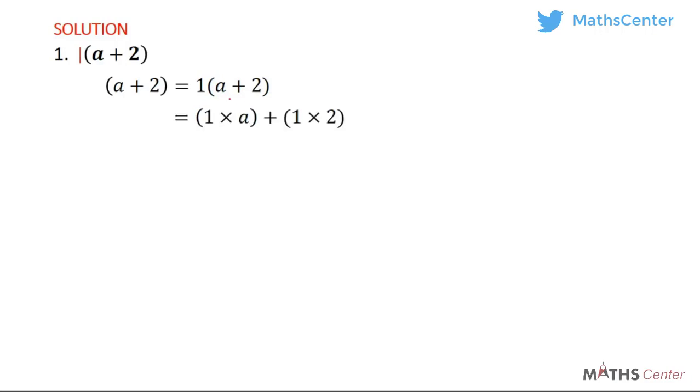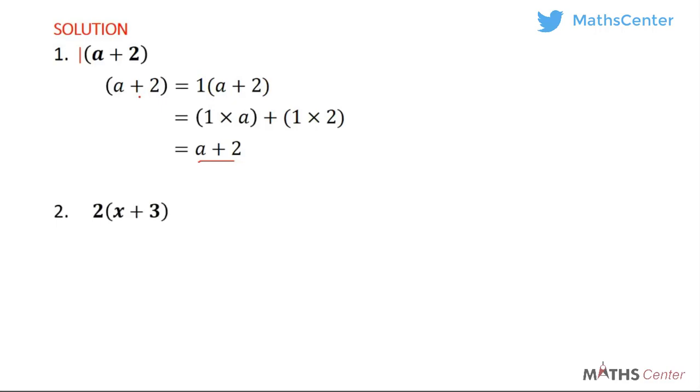So we get 1 times A plus 1 times 2. 1 times A gives us A, plus 1 times 2 gives us 2. So we've now opened the bracket. Since 1 is multiplying what is in the bracket, our final answer is the same as what we had in the bracket.